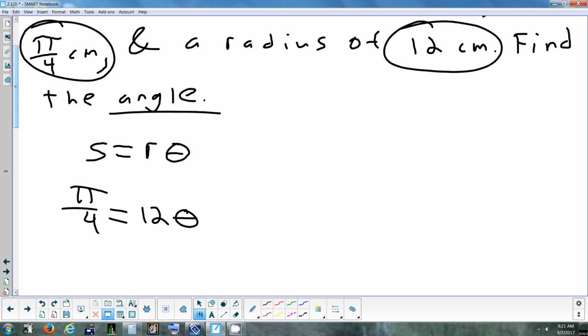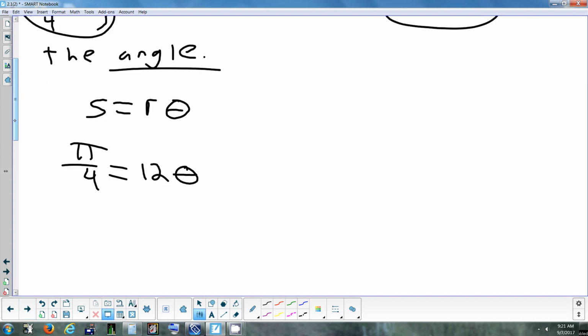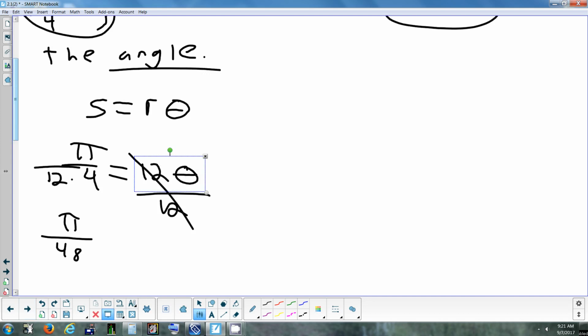So Zach, how would I move that 12 over to the other side? Yeah, we would divide. And dividing by 12 is the same as just putting a times 12 in the bottom of that fraction. So divide by 12. We get an angle of pi over 48.